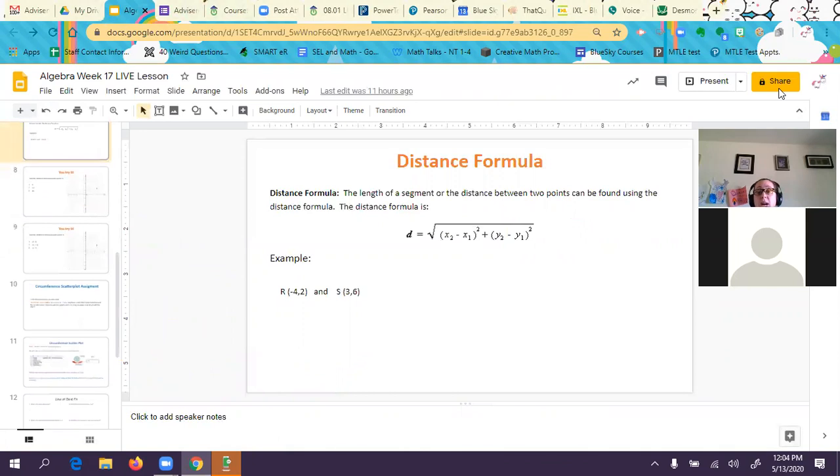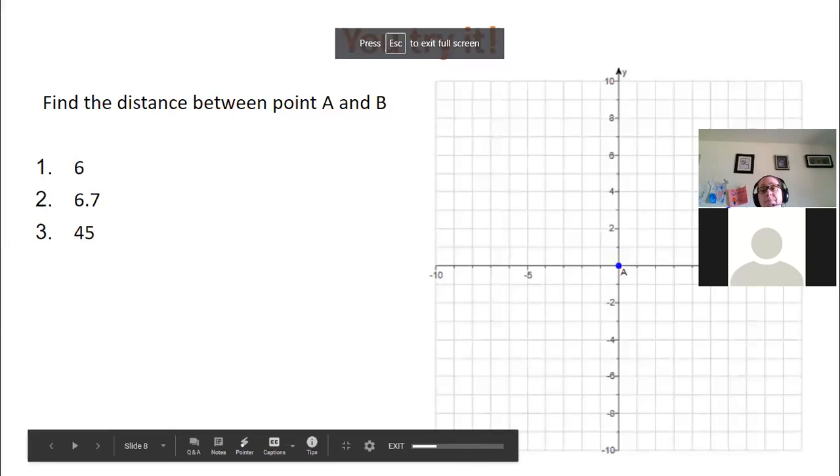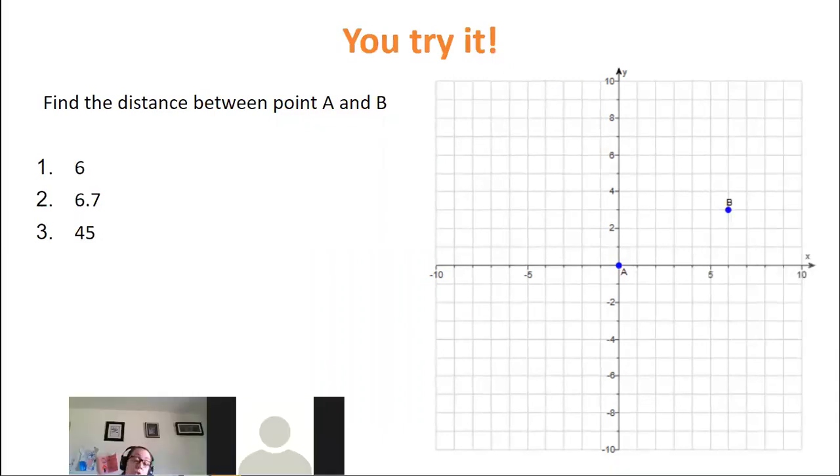So, friends, I would like you guys to try this one. So we want to find the distance between point A and B. So guys, in order to do that, what am I going to have to do with A and B first?